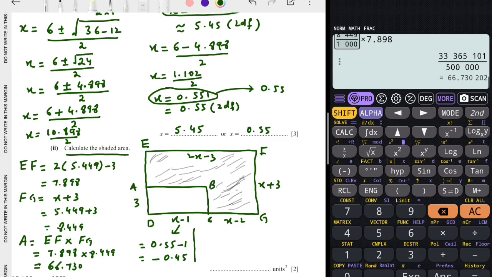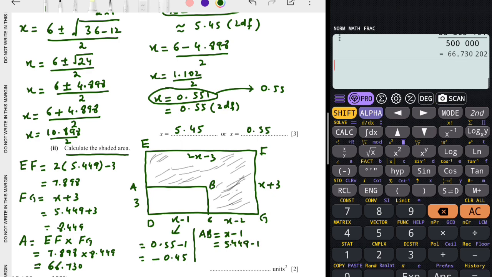Now we will find out area of smaller rectangle, that is ABCD. So the area would be equal to length, that is x minus 1. This becomes 5.449 minus 1. This is equal to 4.449, and width, that is AD, that is already 3.